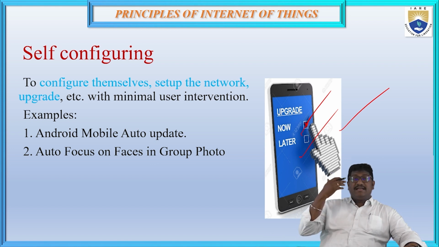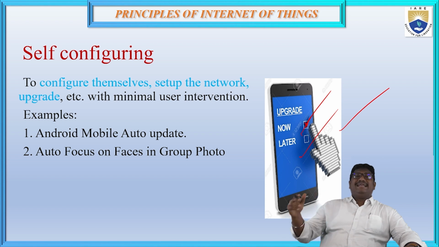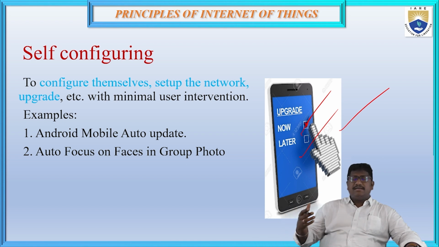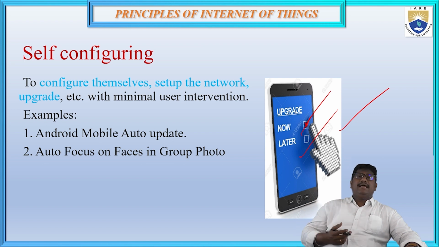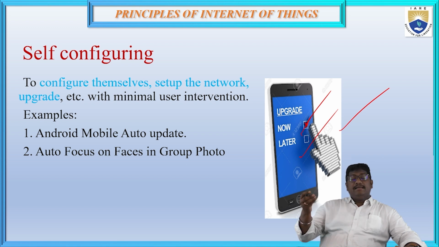The device is configuring by itself, as well as setting the network upgrade, with minimal user intervention. Without user intervention, it is not going to be authorized. Why? Because it's our gadget. The person who is using it, his intervention is required to install the updated software on that particular mobile. Why? Because that is how the configuration settings are made.